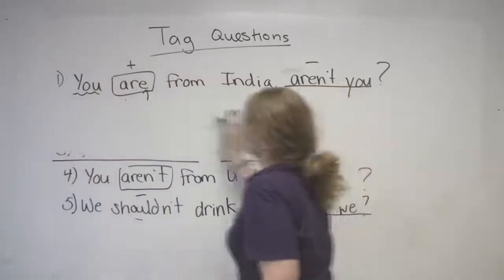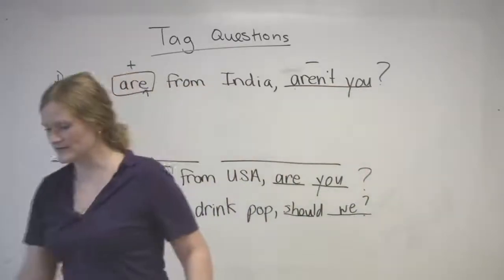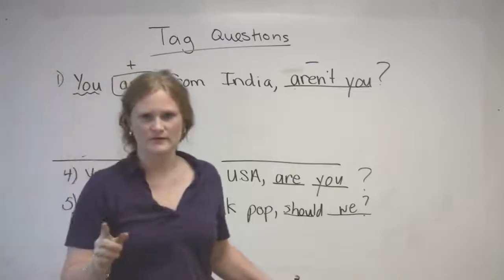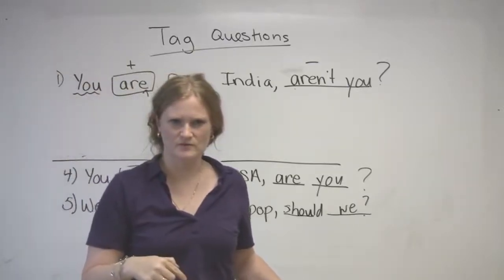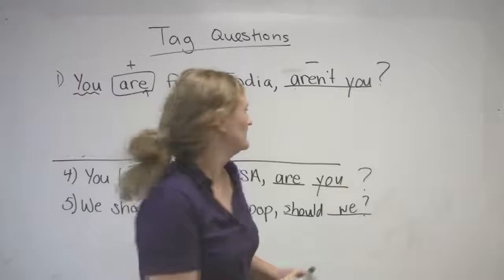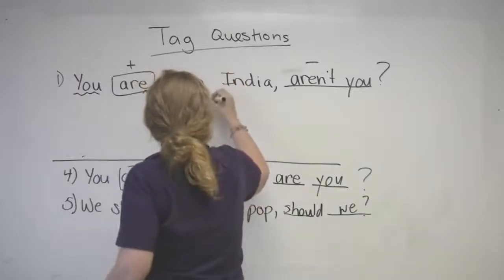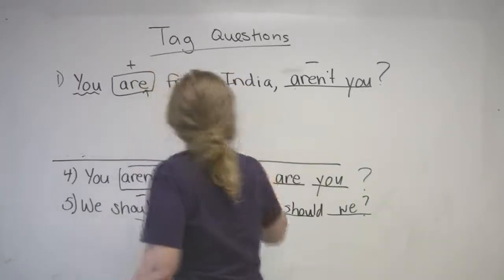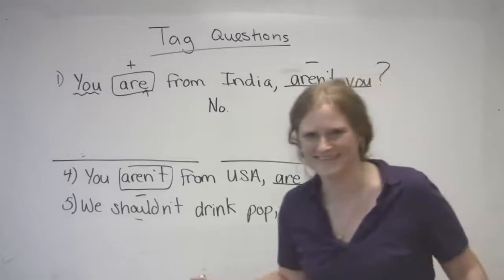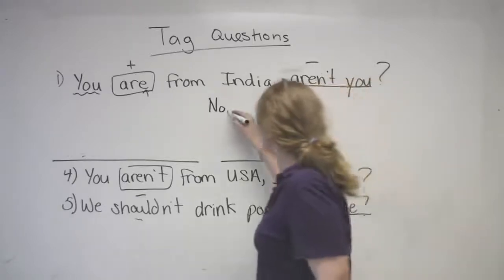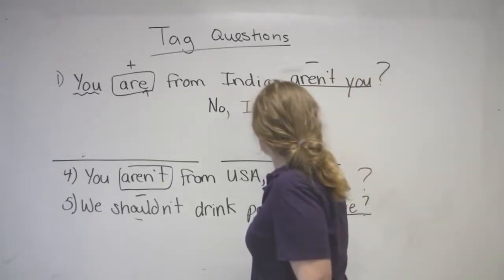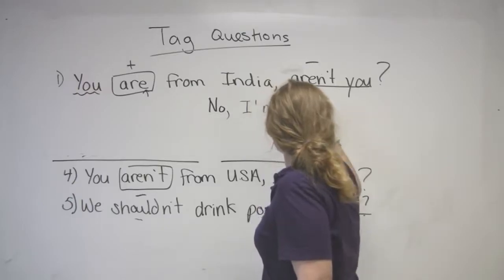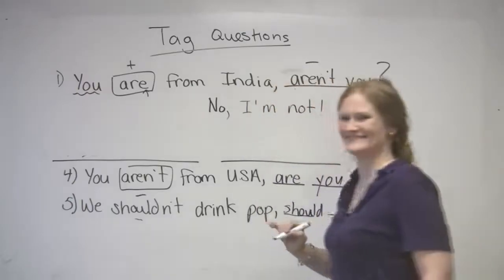So, let's take our first question. Now, if someone said to me, you're from India, aren't you? No. I want to say, no. That's the easy answer. You're from India, aren't you? No. So we can say, no, I'm not.